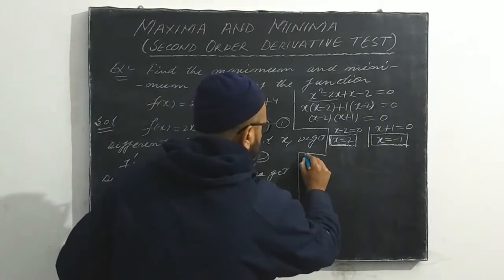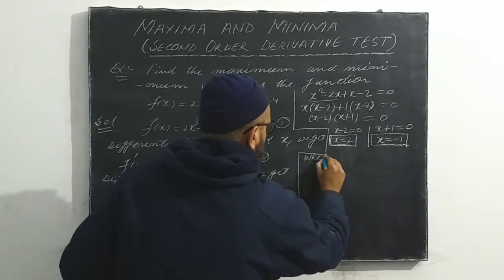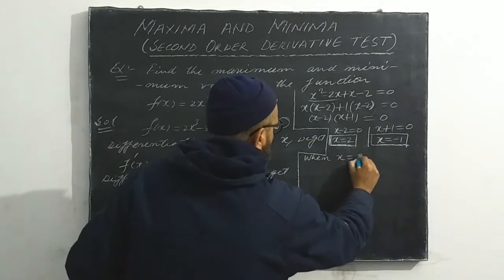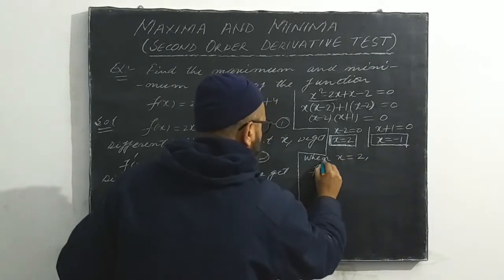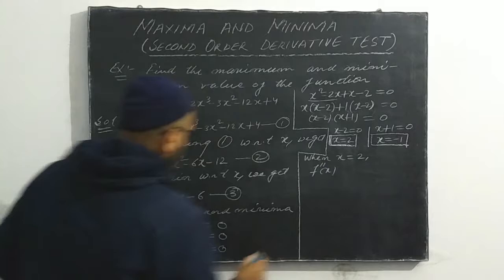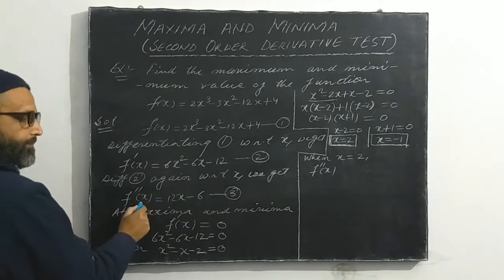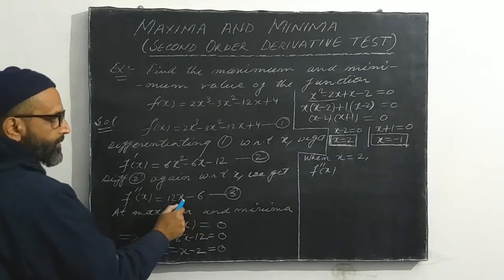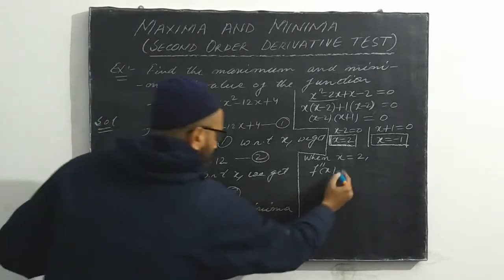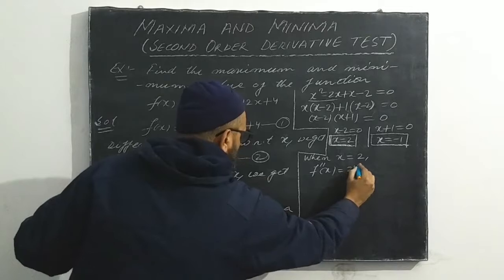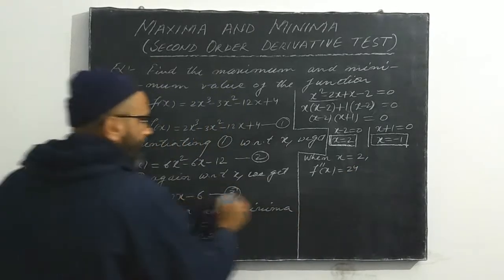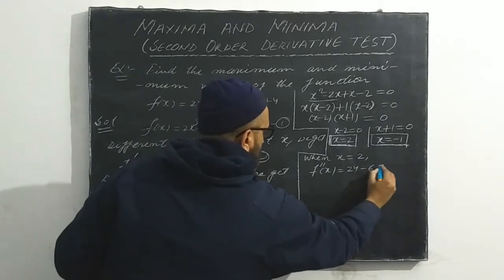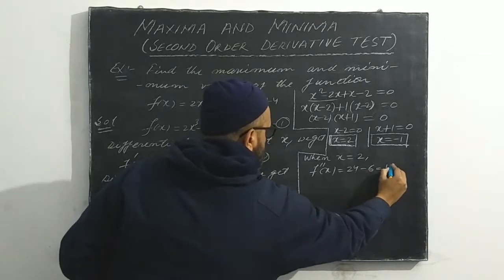So when x is equal to 2, f double dash x, the second order derivative, is 12x minus 6. Substituting x is equal to 2 here, we have 24, because 12 2s are 24, minus 6, so we get 18.